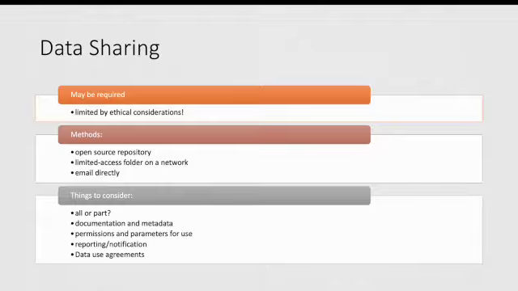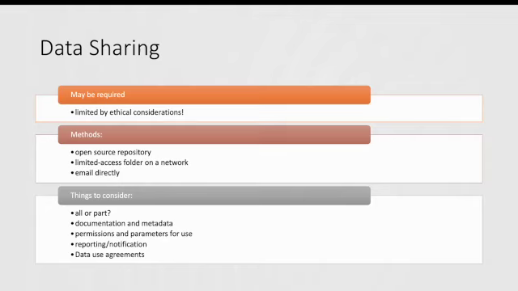The methods for data sharing, preferably you have an open source repository, some sort of data bank where you can deposit your data. Alternatively, you could have a limited access folder on a network, say a public Box folder where people can have an access link where they can get in and download the data but not manipulate it. Or you could have data available by request.